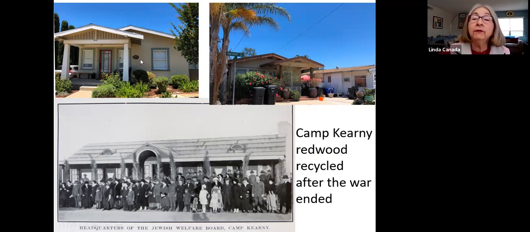I believe it is the only house to date that has actually been designated as a historic site due to the verified presence of Camp Kearney lumber having been used to build it. But I will say that this area of San Diego was being developed in the 1920s, and it is highly likely that there are many houses in the area that benefited from having some of that Camp Kearney lumber made available.